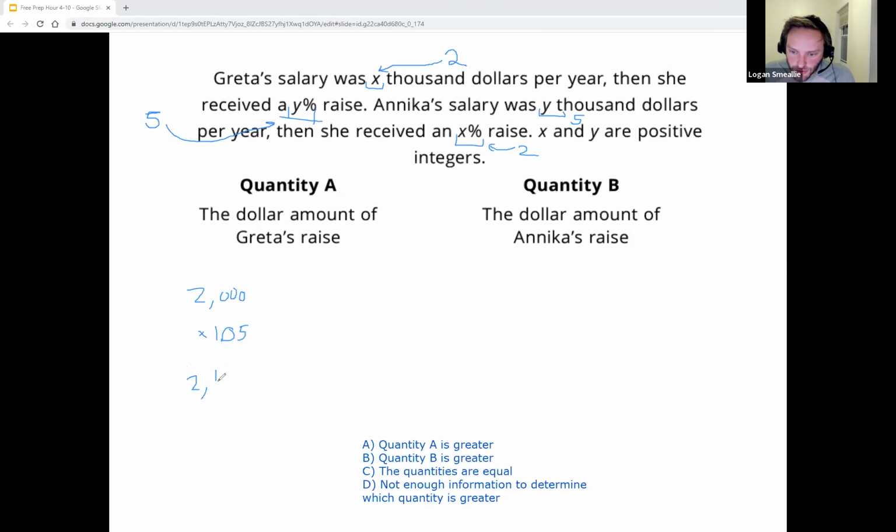That's going to lead to 2,100, a $100 increase. Oh, I accidentally have made a situation where we keep getting a $100 increase. It wouldn't always be a $100 increase. That's just what we have right here. And the same thing actually is going to happen over here. I'm going to get a $5,000 starting point times 1.02.